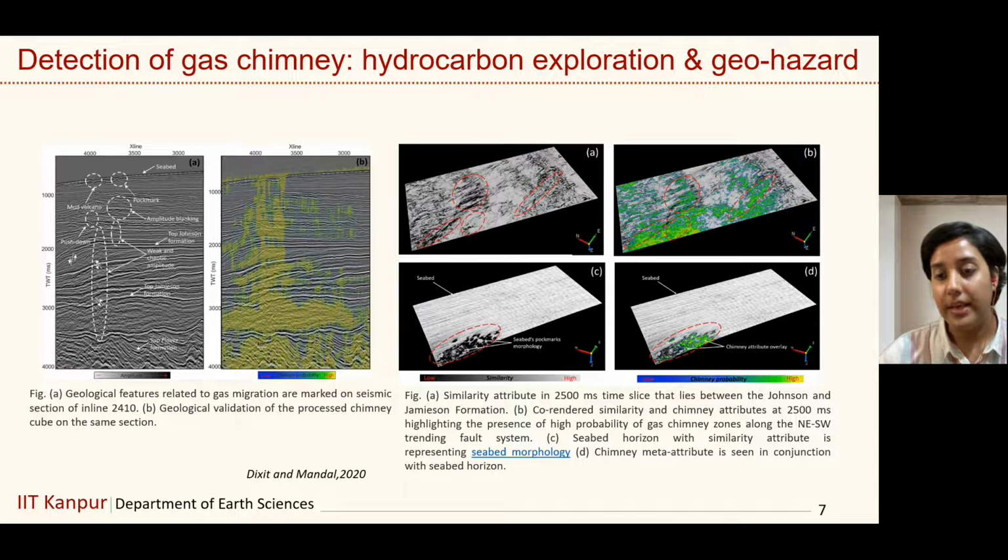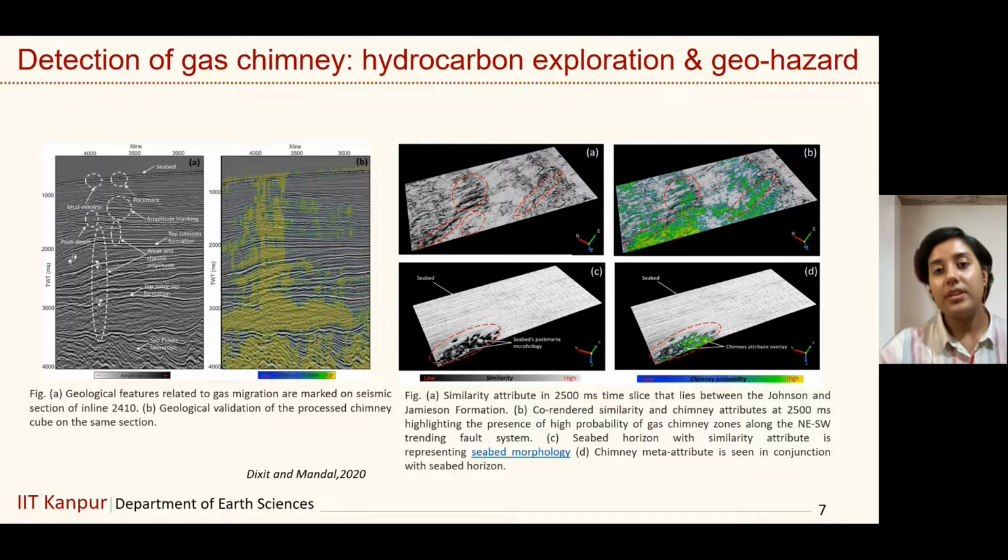And also, when we are drilling, we need to understand where this gas zone is present in the shallow subsurface, because if you are not well prepared and you hit some gas pocket, it can lead to a blowout as well. So you have to be prepared beforehand, before drilling a well.